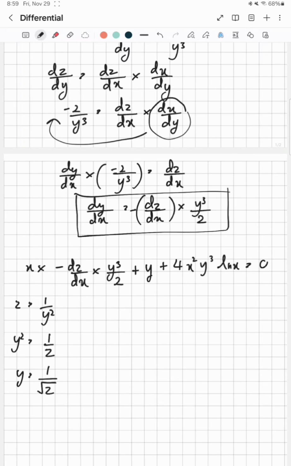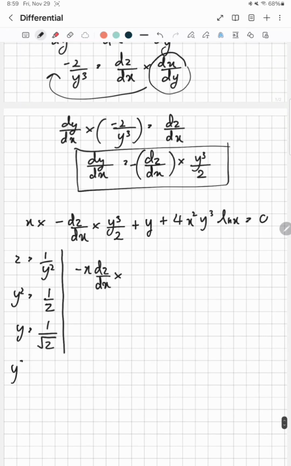So then we can write minus x dz over dx into y to the power 3. So instead of y to the power 3, we can write 1 over z to the power half, to the power 3, right? So this is 1 over z into square root z, right?